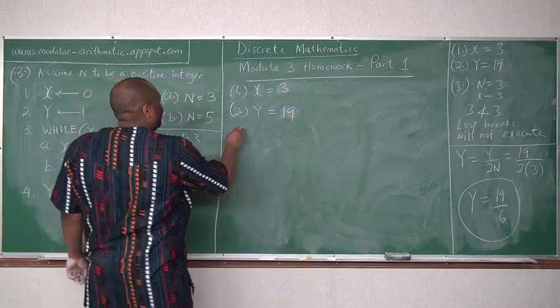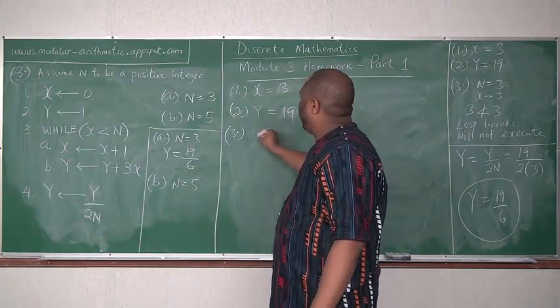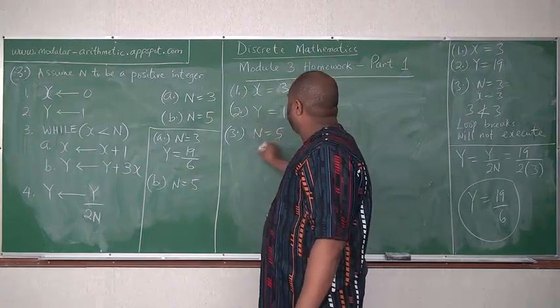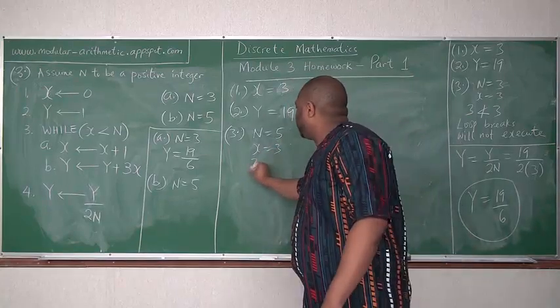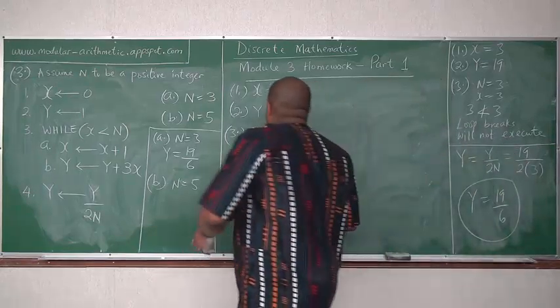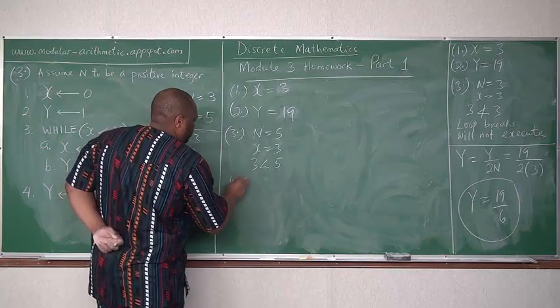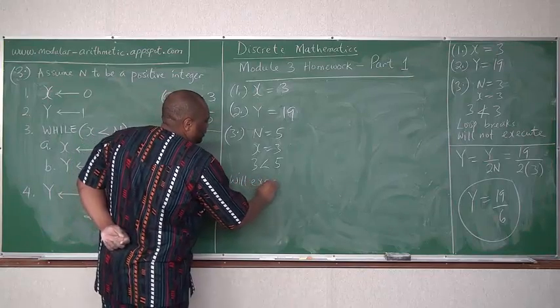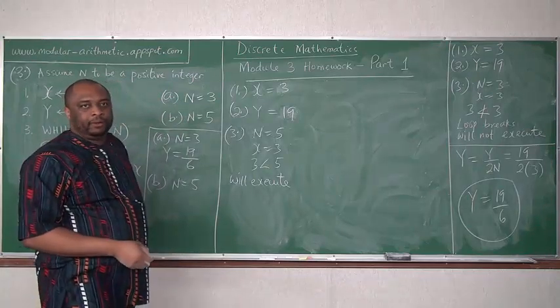Number 3 here, our n is 5, our x is 3. So 3 is less than 5, so the loop will execute.